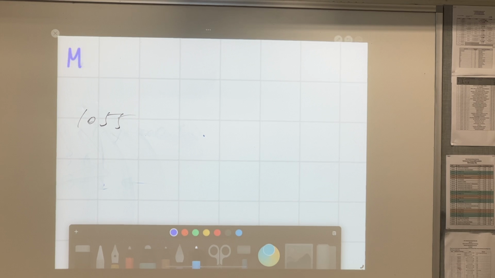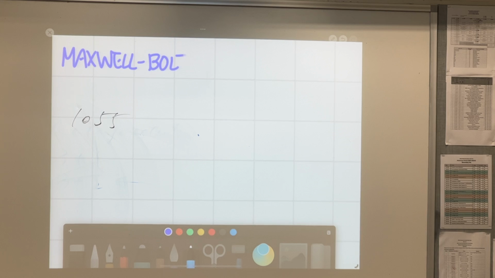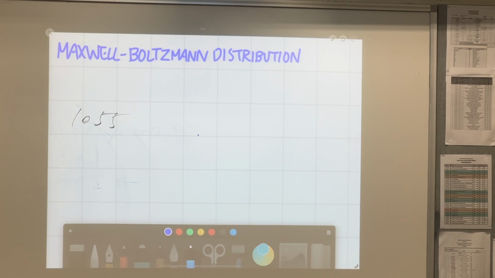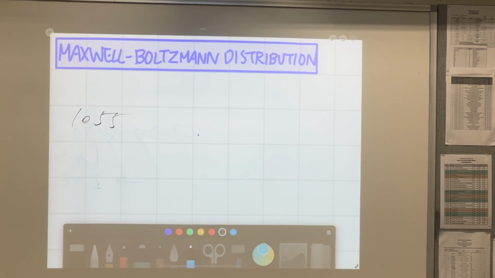Okay, so the Maxwell-Boltzmann distribution. So we discussed this curve yesterday. So no need to spell this word. Okay, so Maxwell-Boltzmann distribution. We can use this curve to explain the effect of temperature and catalyst on rate. So that's what we are going to discuss today first.